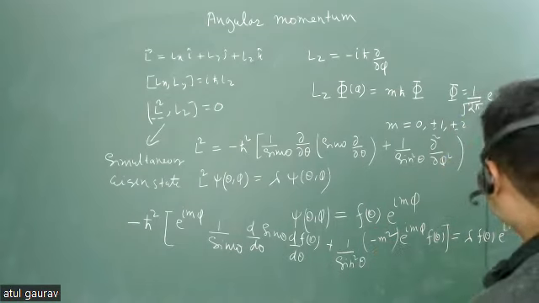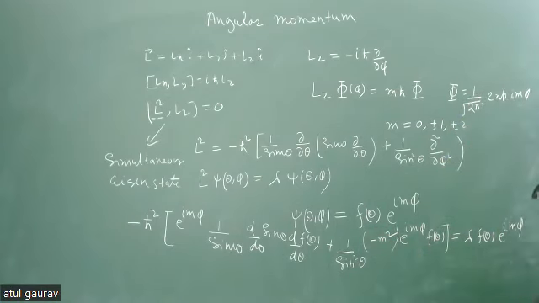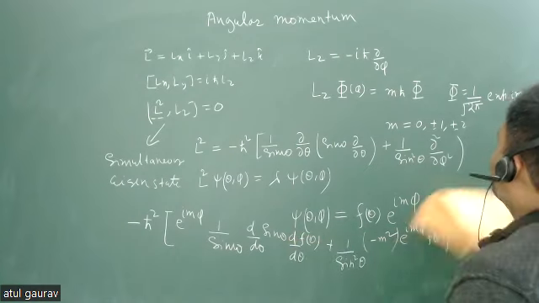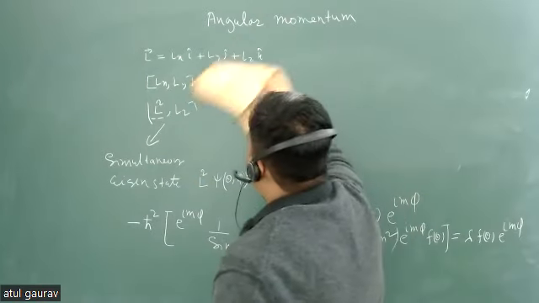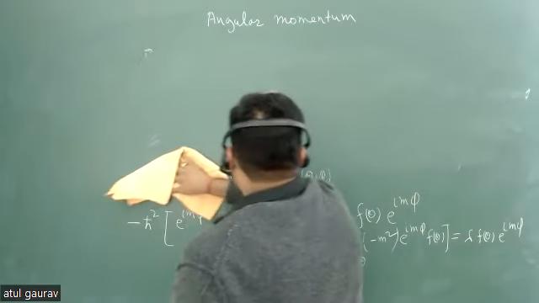Now what we will do, we will just try to equate the coefficient of e to the power Im phi on both sides. So when we equate the coefficient of e to the power Im phi on both sides, let's see what is going to happen.